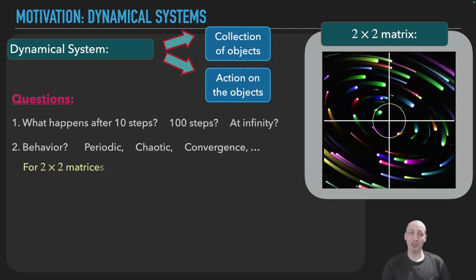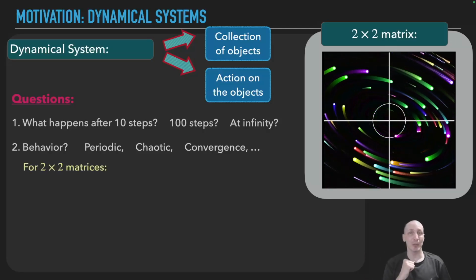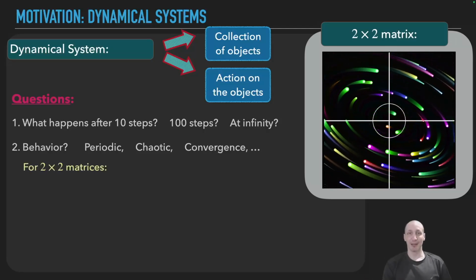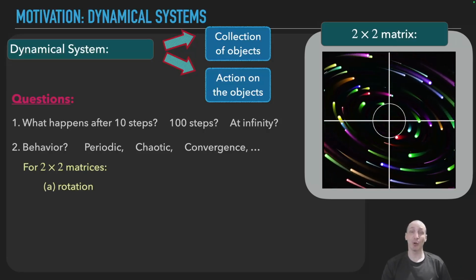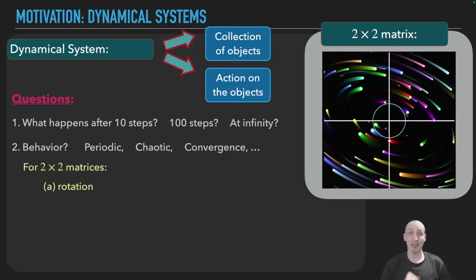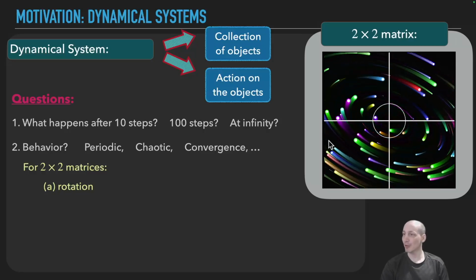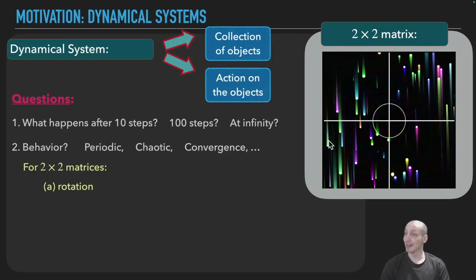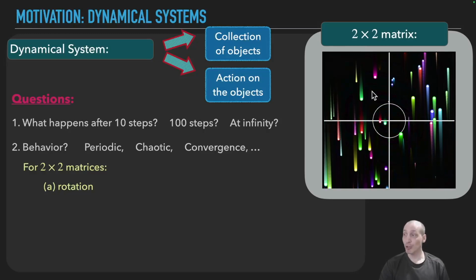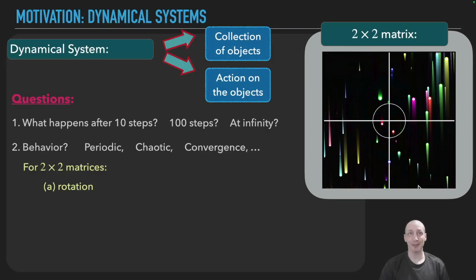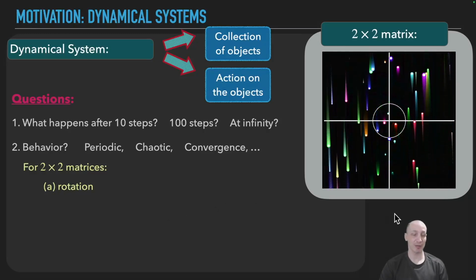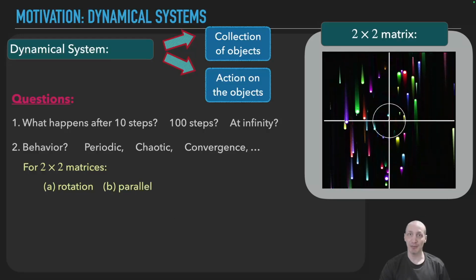So this is in general, but we can ask about these 2 by 2 matrices, what we can see there. So we already see one behavior, this is the rotational behavior, but there are other behaviors as well. So for example, we have this type of behavior where all the points move in parallel lines. So this is another type of behavior which we call parallel behavior.